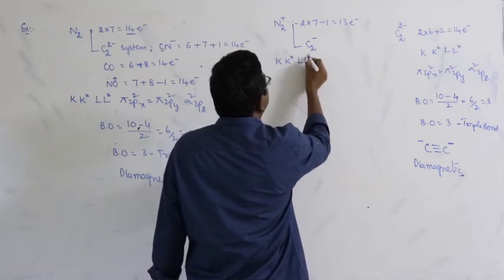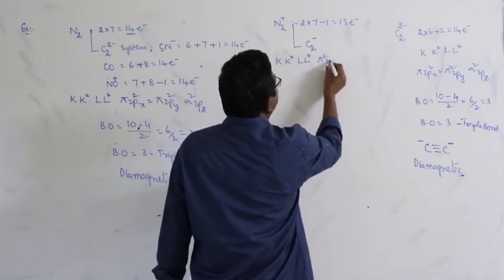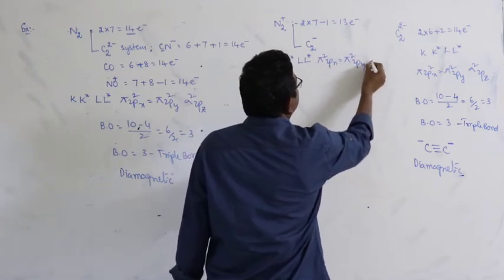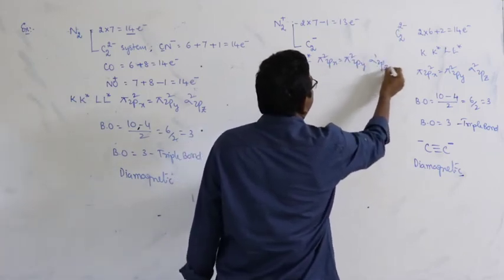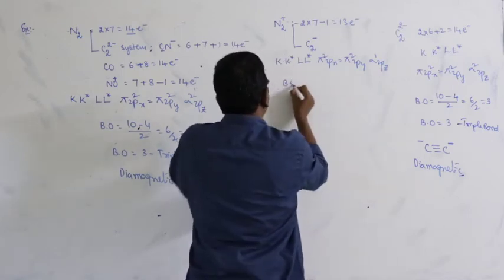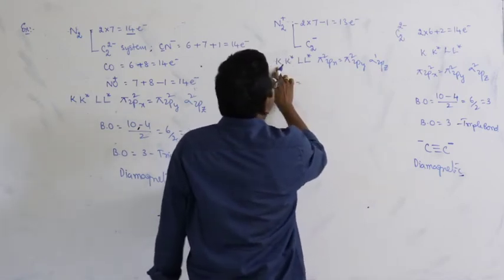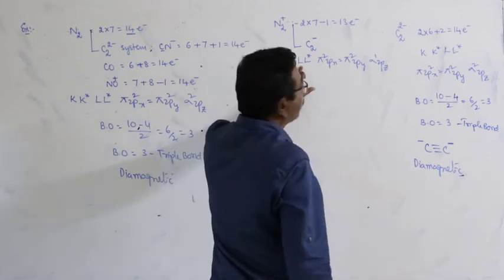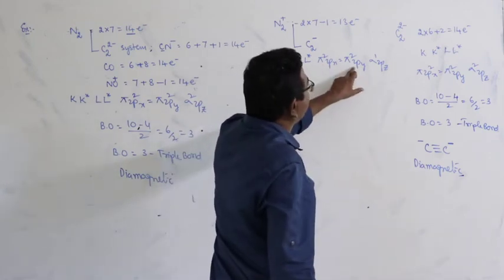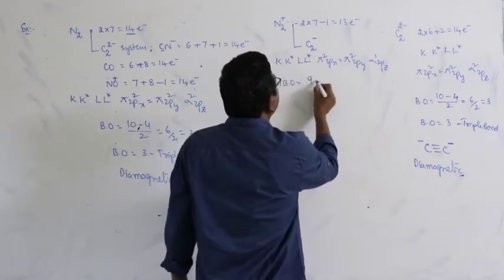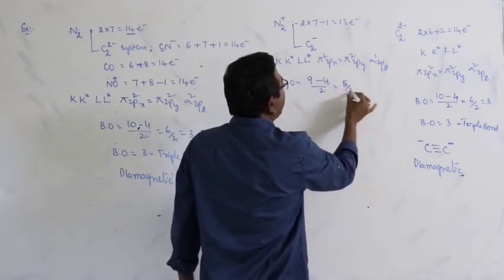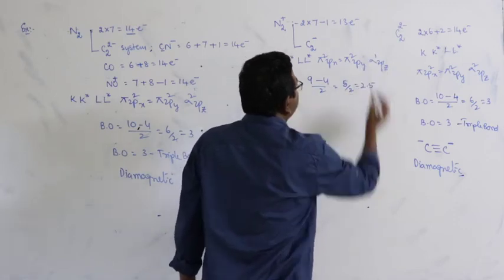KK, pi 2p square x equal to pi 2p square y, sigma 2p z1. Bond order is equal to 4 plus 4, 8, 8 plus 1, 9, 9 minus 4 by 2, that is 5 by 2, equal to 2.5.